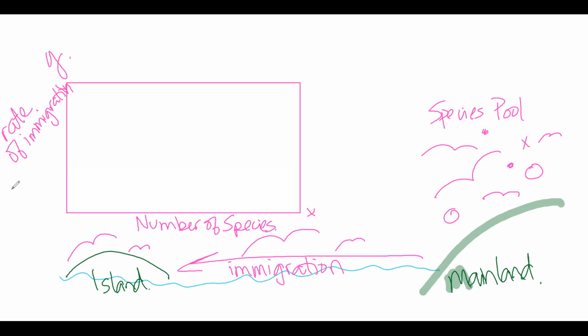So it could be the number of species per year, or it could be per decade, or you might be looking at something with insects. It might be the number of species per week that come onto the island, depending on what species you're looking at and how far the island is and how often you visit it.